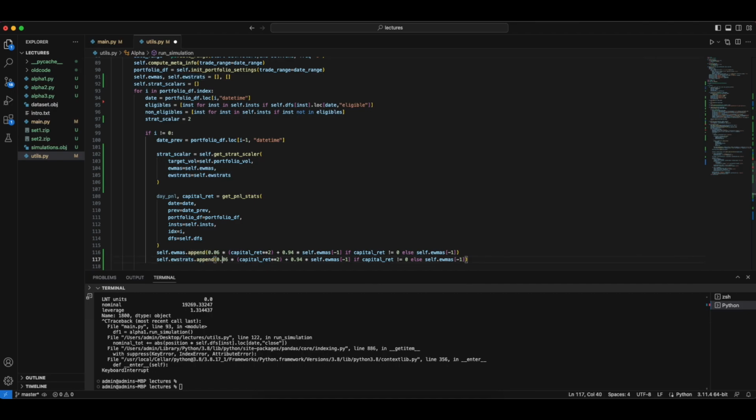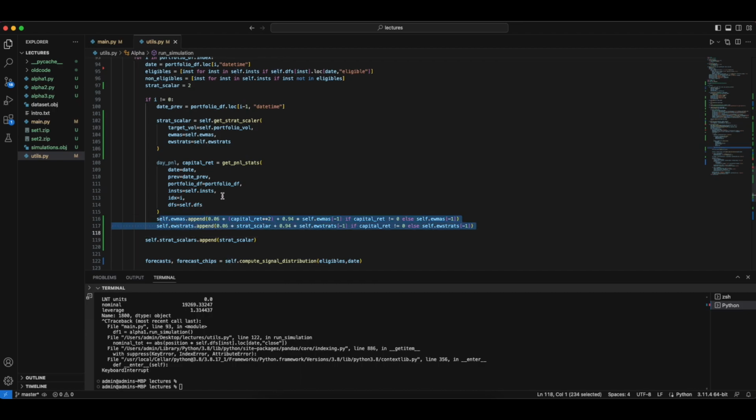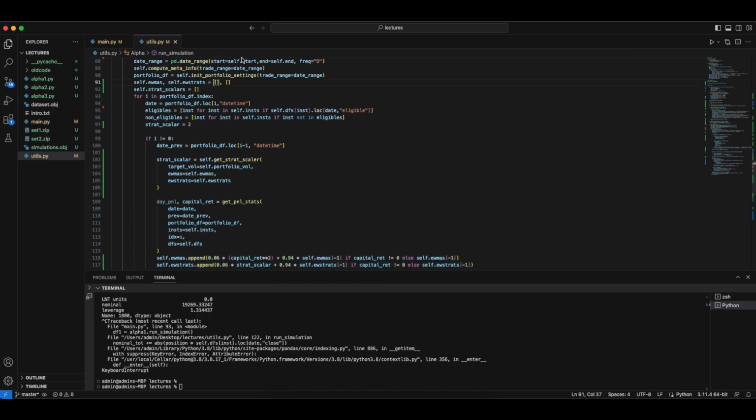So here we do strat scalar. Okay, so that is interesting. We will only do this from the first day onwards. So let's instantiate this with 0.01 and 1.